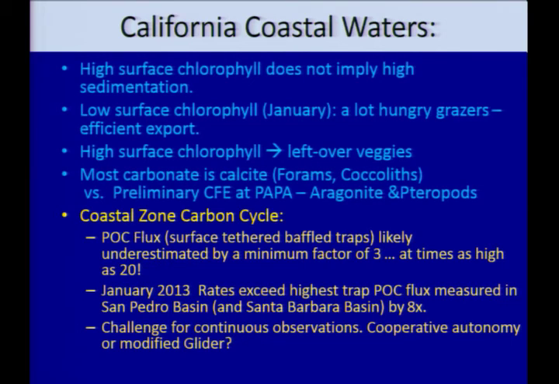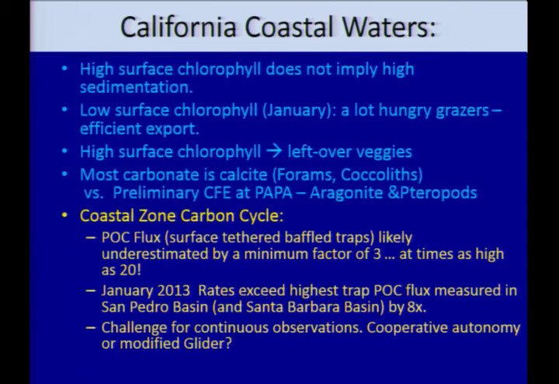So for the coastal zone in the California, POC flux, if our results map to surface tethered sediment traps, then based on particle size distribution and attenuant loading, the minimum volume of underestimated flux is a factor of 3, and in the case of January was a factor of 20.